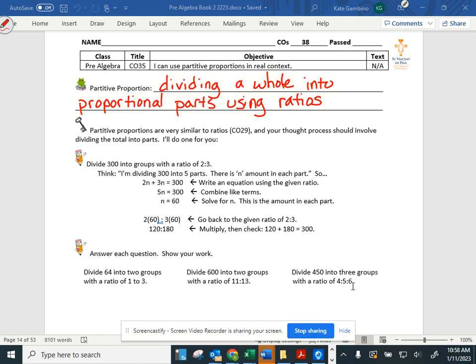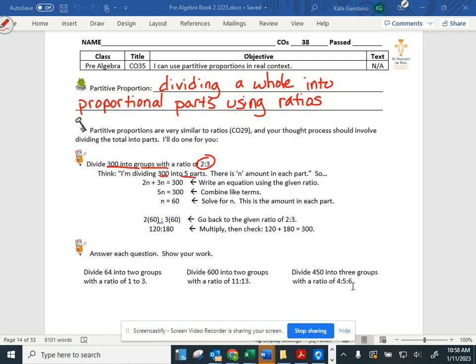I'll do one for you. Divide 300 into groups with a ratio of 2 to 3. So what is our whole here? If it's 2 to 3, how many is that? 5. So I'm dividing 300 into groups of 5.